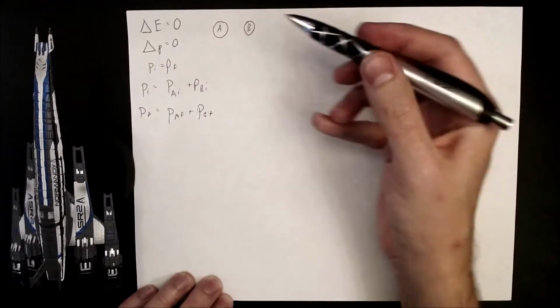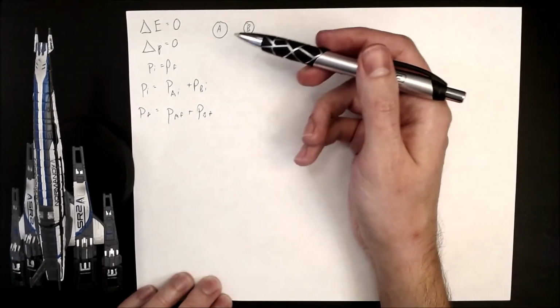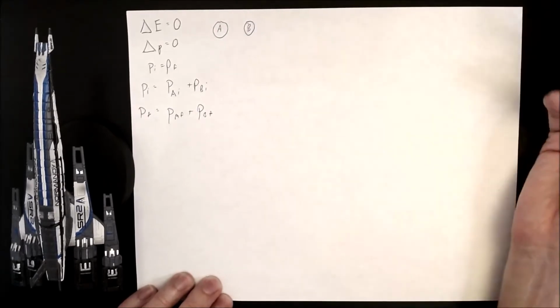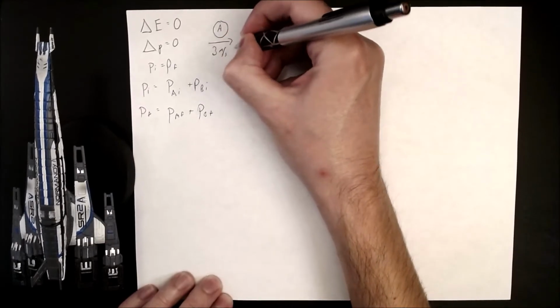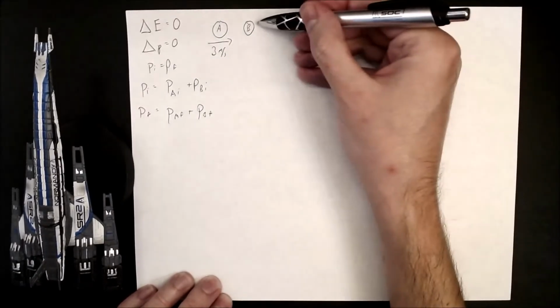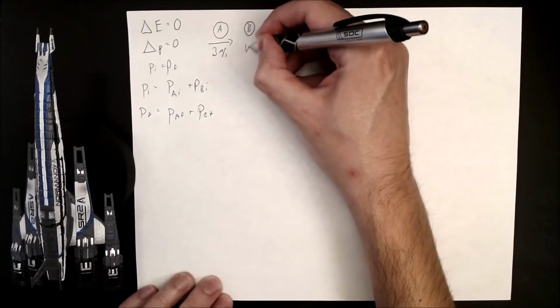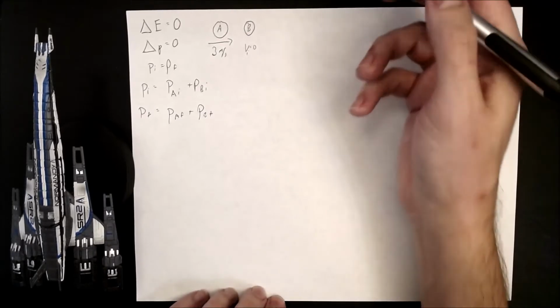What do we know? Two billiard balls of equal mass strike each other. Before the collision, one ball had a velocity of 3 meters per second east, and the other one was at rest. I guess A has to be the one with 3 meters per second east to hit B, and B must be at rest. V initial for that one is equal to 0.